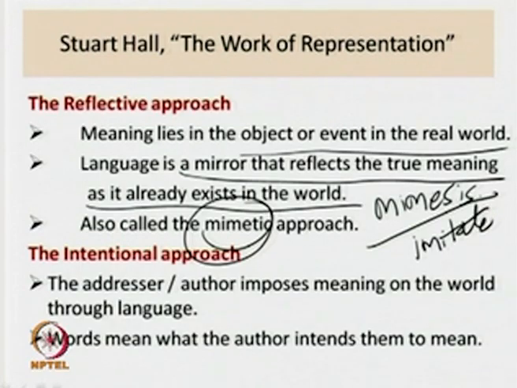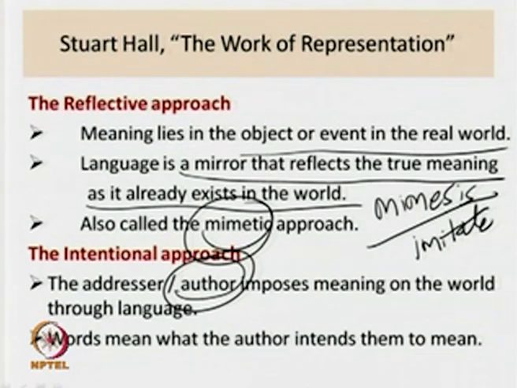The next approach, as we know, is the intentional approach, and we will learn about it through Stuart Hall's essay. Here, the addresser or the author imposes meaning on the world through language. So here the intention of the author is important. It is not the inherent meaning that is passed on; it is filtered through.